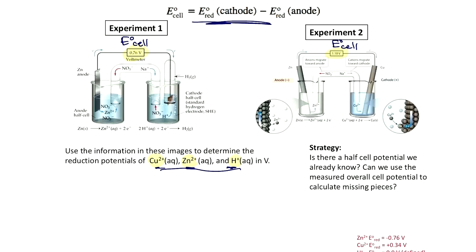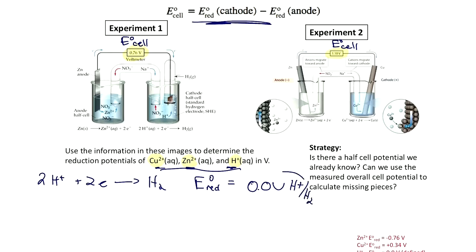So the reduction reaction for hydrogen, 2H+ plus 2 electrons gives me H2. We define the reduction potential of this reaction as 0. So we know that one, for the H+/H2 half reaction. That's a definition.